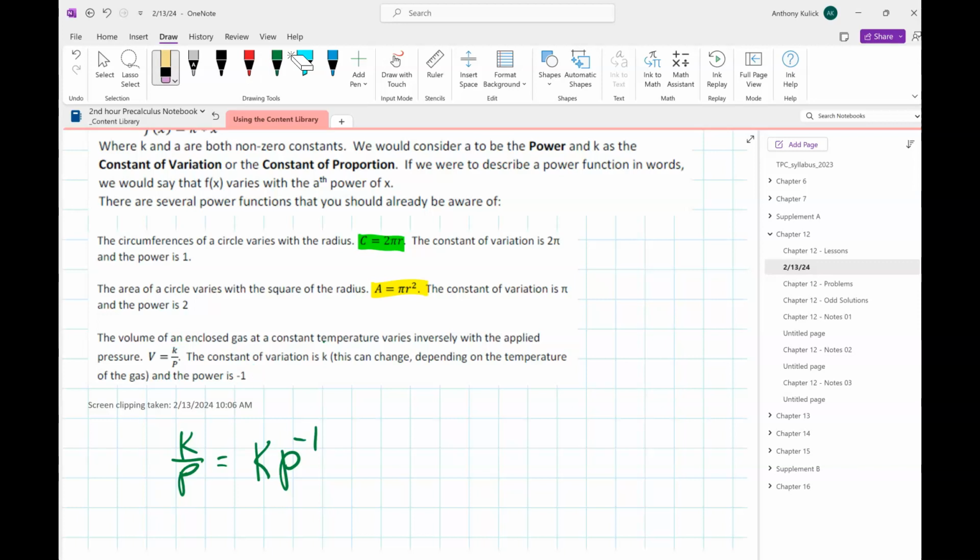K over P is Boyle's law? Oh yeah, I read temperature and got confused. Yes, this is Boyle's law, of course, volume and pressure.